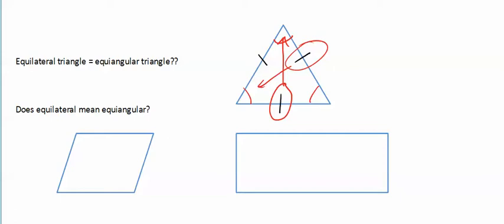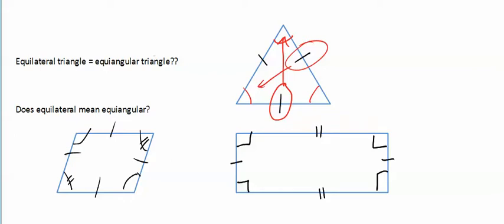The next question, does equilateral mean equiangular? Take a look at a rhombus. A rhombus has four congruent sides, but you'll notice that the angles are not congruent. And then we have a rectangle, which has congruent angles, 90 degrees, but not all four sides will be congruent.